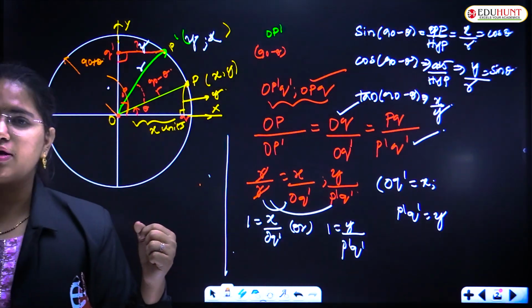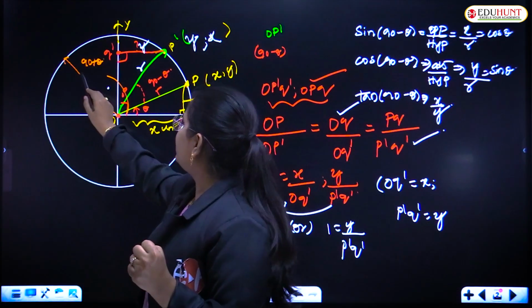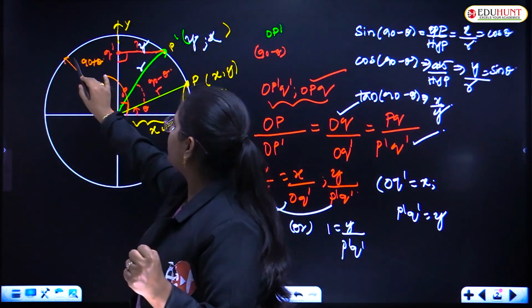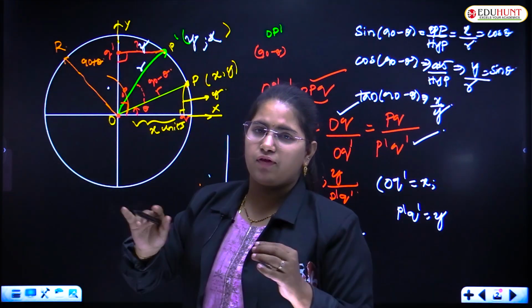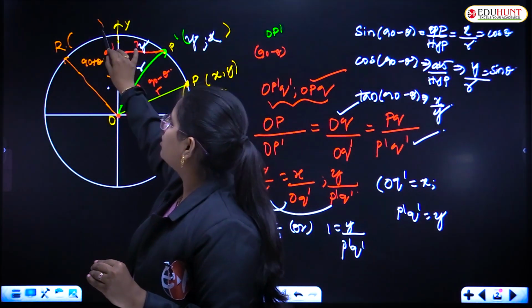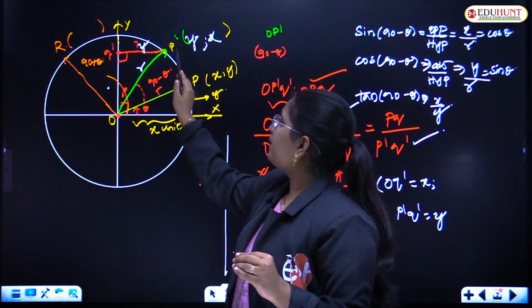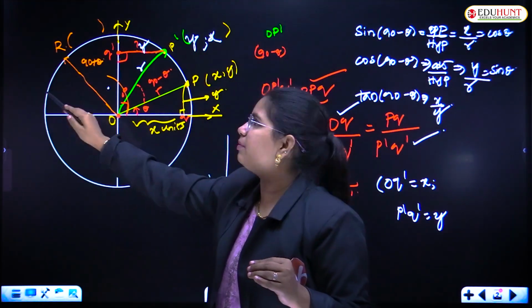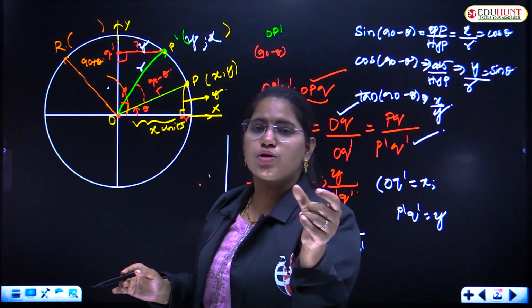So, let me take this point as R. R is my ray. If I am taking OR as my ray, now I need to find out the coordinates of R. If you observe this, R is exactly symmetric to point P.